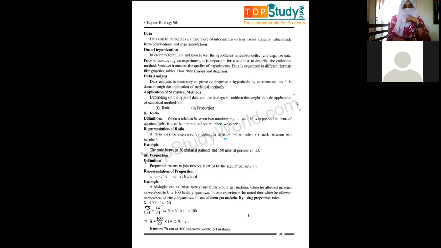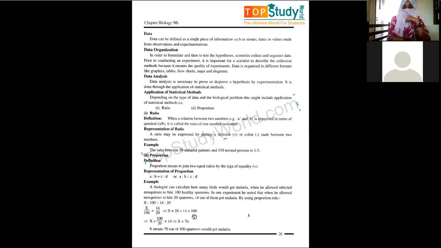So x divided by 100 is equal to 14 divided by 20. Then we will cross multiply: x multiplied by 20 is equal to 14 multiplied by 100. x will remain there and 20 is multiplying, and when it goes to the other side of the equals sign, it will be divided. x equals 100 divided by 20 multiplied by 14.